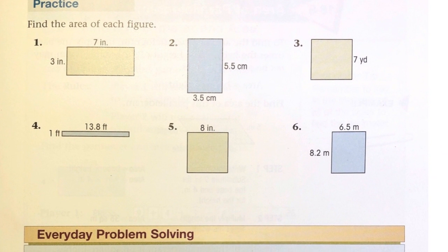So for practice, find the area for each figure. So we're multiplying the length times the width. So this will be 7 times 3. 21 square inches.